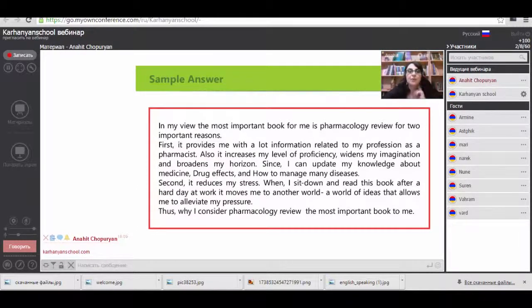First, it provides me with a lot of information related to my profession as a pharmacist. Also, it increases my level of proficiency, widens my imagination, and broadens my horizon, since I can update my knowledge about medicine, drug effects, and how to manage many diseases. So you see from here that you have a general introduction here.